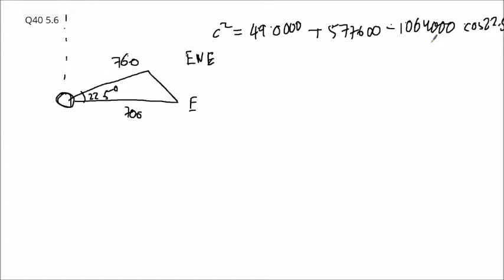That's what you'll get, and then subtract that from 1,067,600, and then take the square root. So they are about 290.8 miles apart.